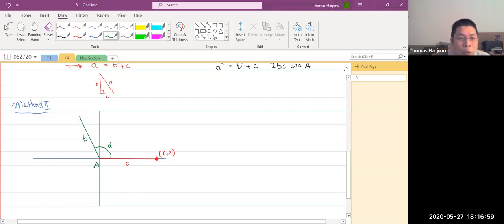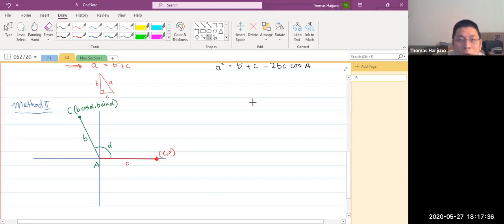Now, according to what we learned in the unit circle, the coordinate of this point here, coordinate C, will be (b cosine alpha, b sine alpha). Where's that from, Thomas? From here, something we learned a long time ago.